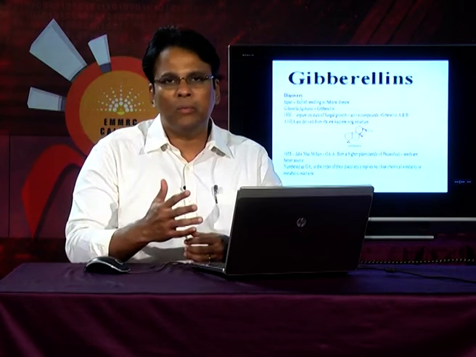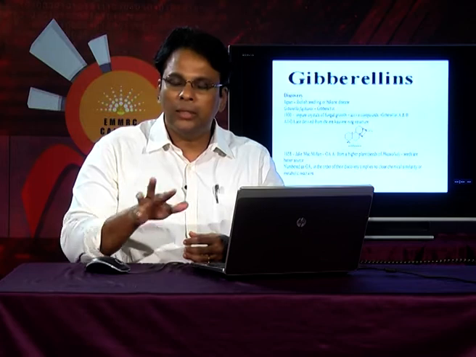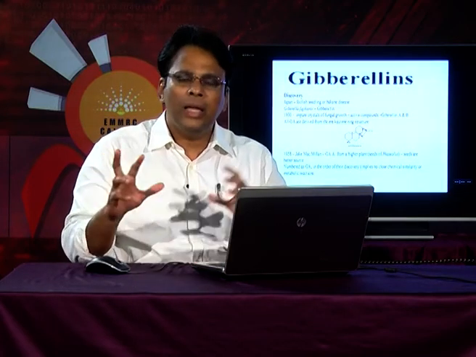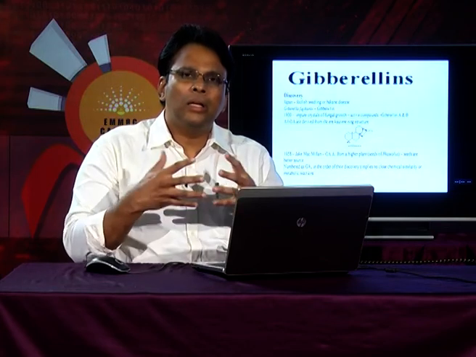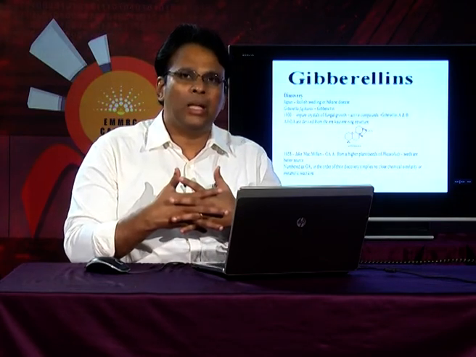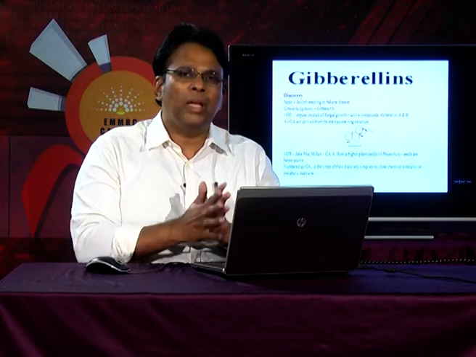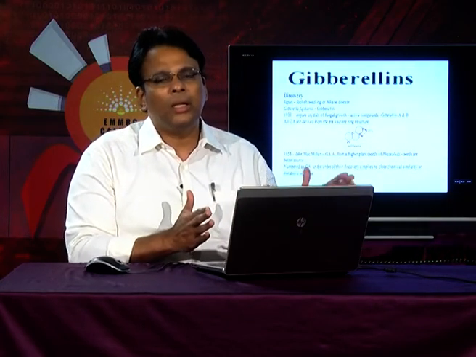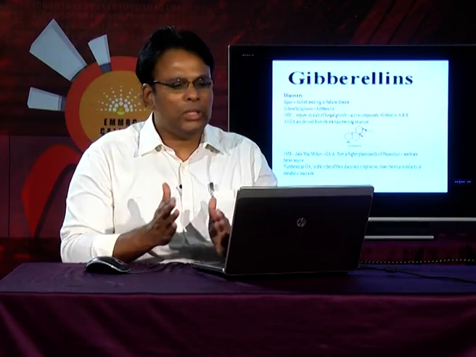The first discovered will bear the number GA1, the second discovered will have GA2. The numbering doesn't have any significance on the relationship between its chemical structure, but only on the sequence of its discovery. So GA1, GA2, GA3, etc.